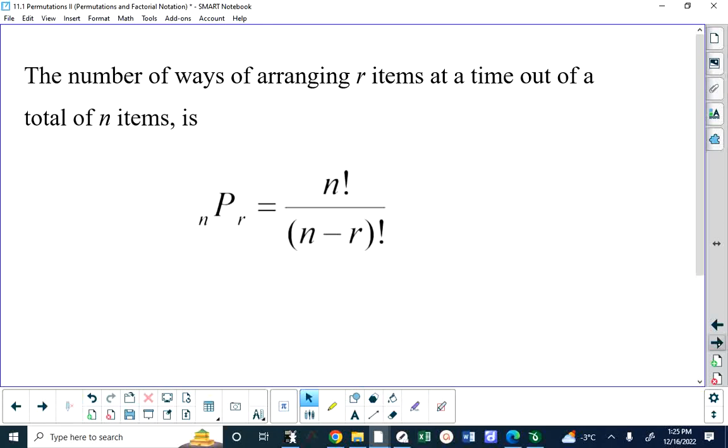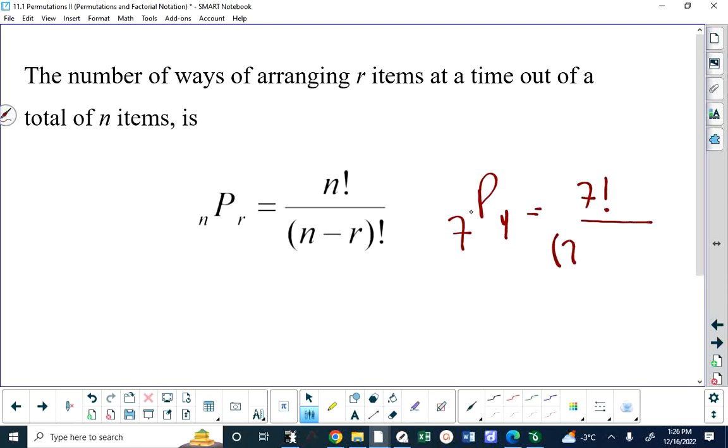Okay, so for example, how many cookies was it? 7 cookies, I was allowed 4. 7P4 is equal to 7 factorial over 7 minus 4 factorial, which is 7 factorial over 3 factorial. Would you agree? Okay, let's not worry about what that number is.